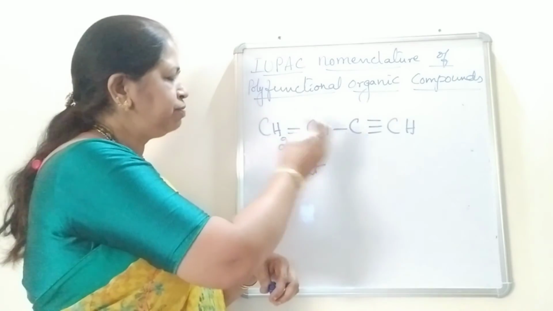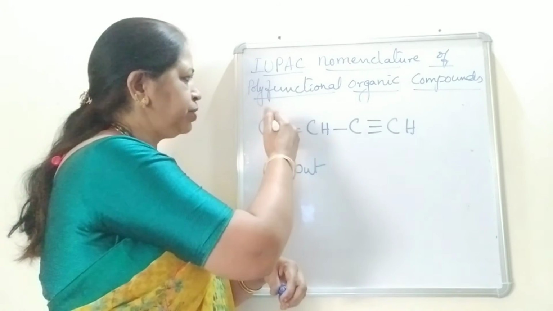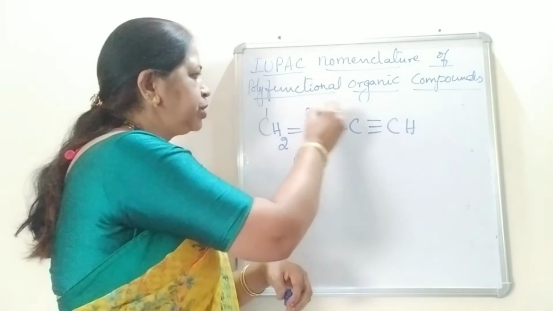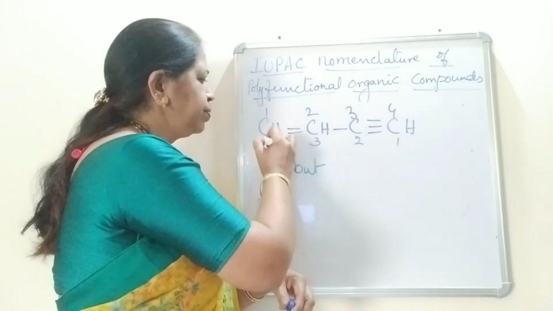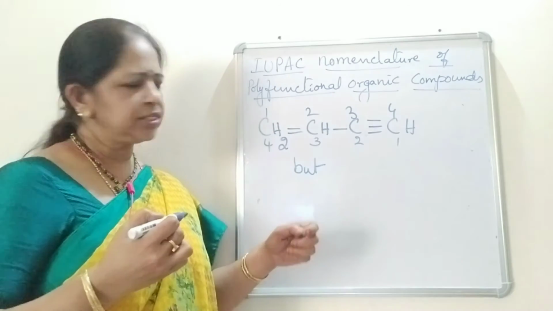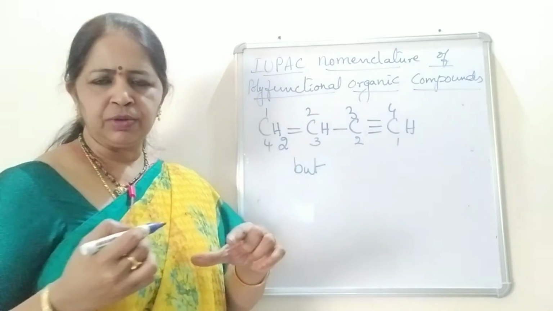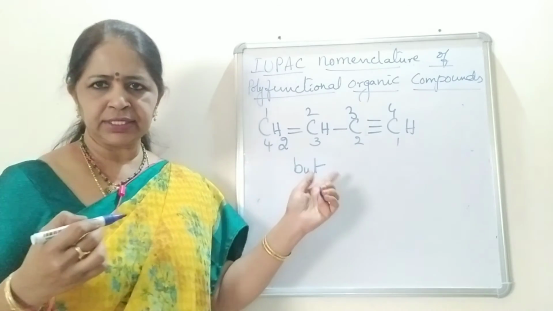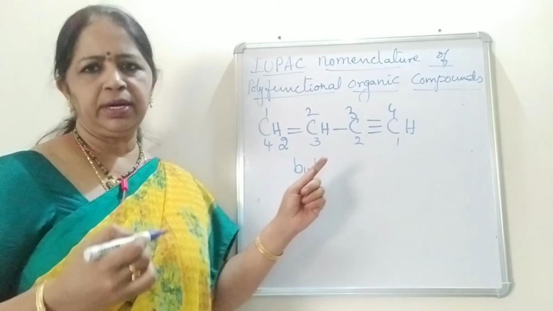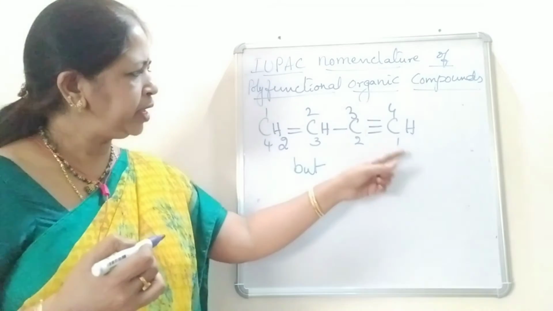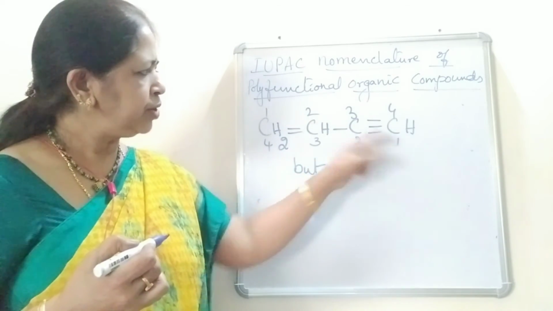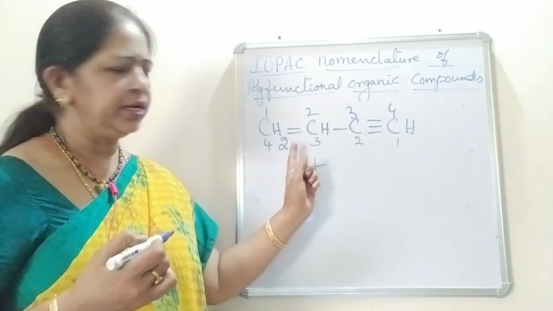If we number from left to right or right to left, 1, 2, 3, 4 or 1, 2, 3, 4. According to least sum rule, the functional groups present in this chain are double bond and triple bond. If we add 1 and 3, it is 4, and here from right to left also it is 1 and 3.